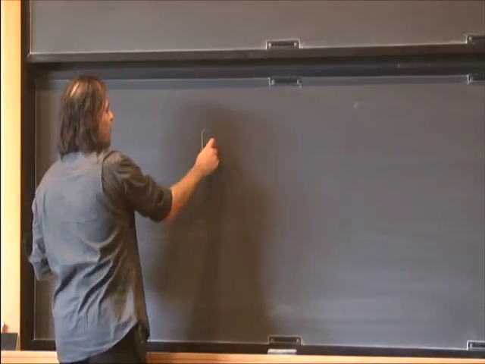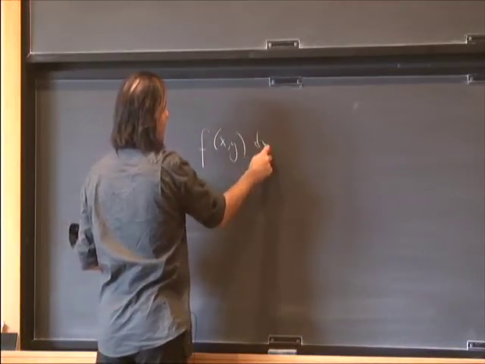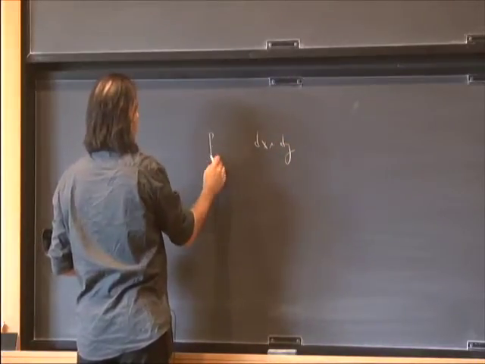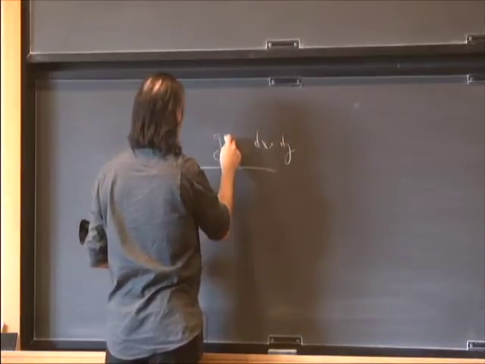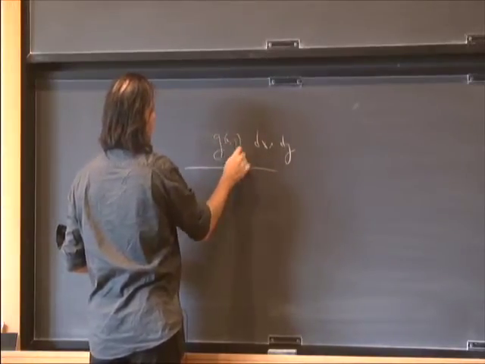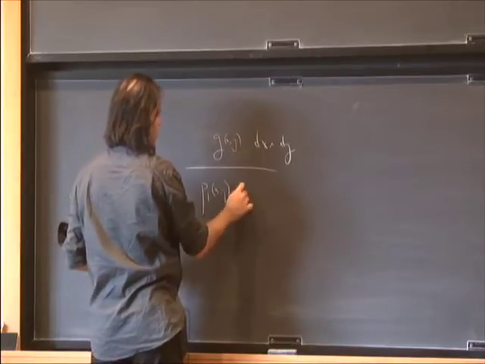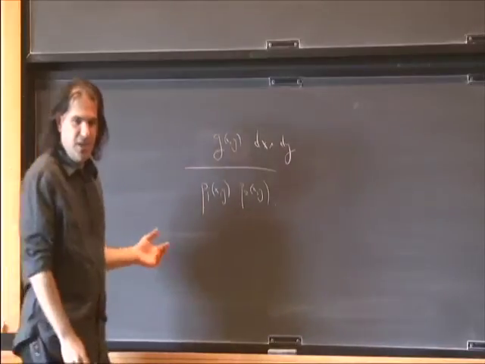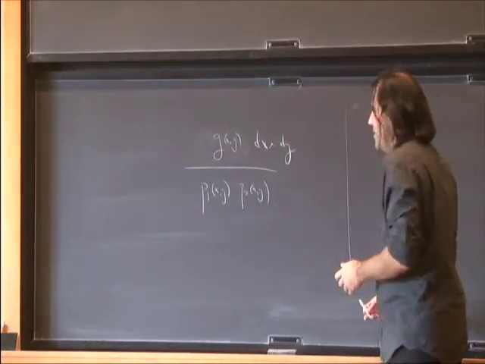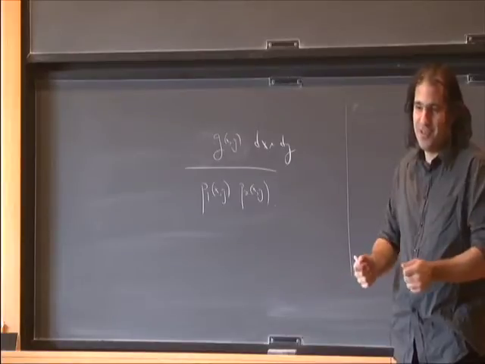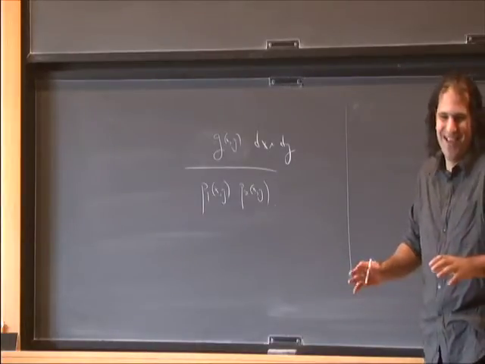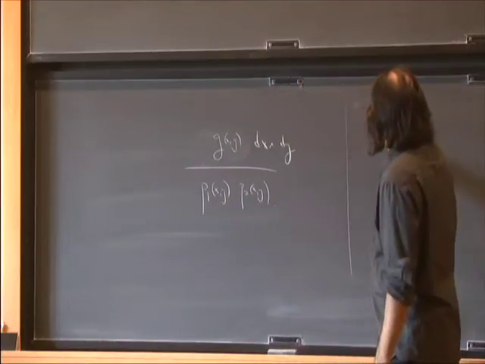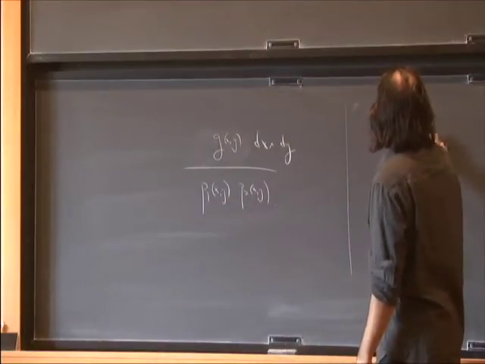If I had a function of two variables, something like g of x and y over p1 p2, two polynomials, then I would define the residue as follows. This is what I learned in some chapter in Griffiths and Harris. Maybe I assume it's standard, but I look for the places where I put both of these to 0, so where p1 equals p2 equals 0.